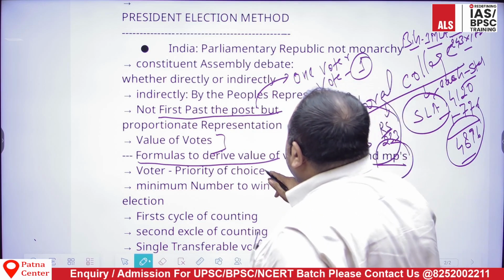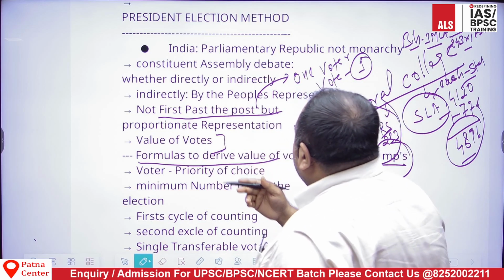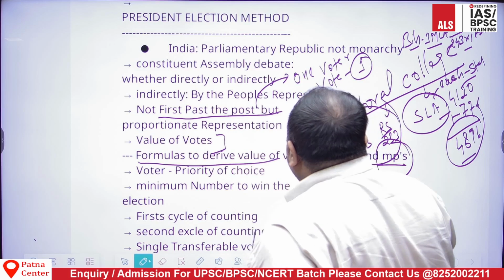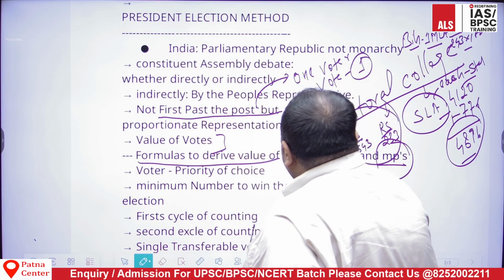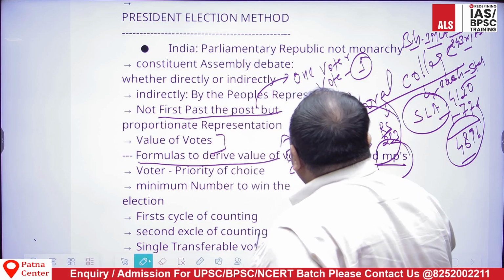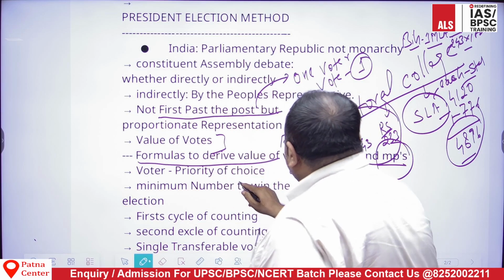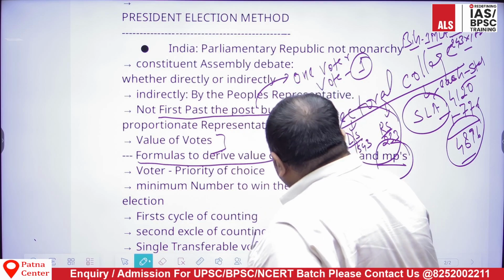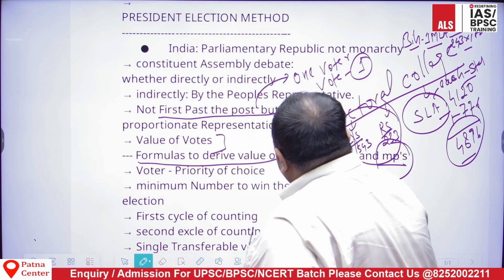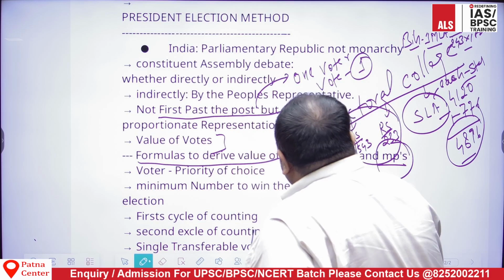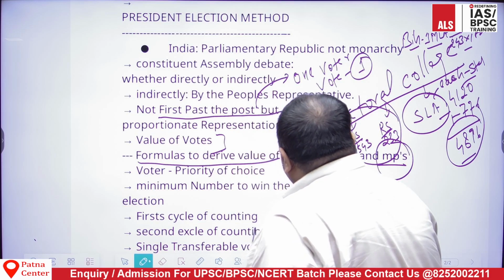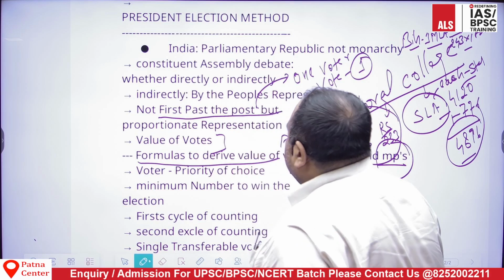When a voter casts a vote in this electoral college, let me suppose there are 3 contestants A, B, C. Then the voter will have to provide a priority of choice, maybe this candidate is first choice, this is second, this is third.